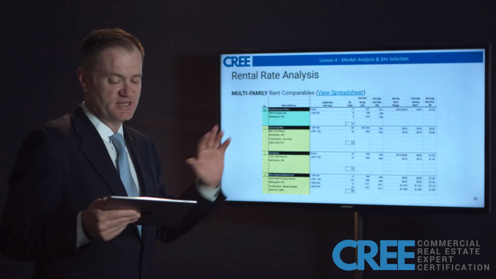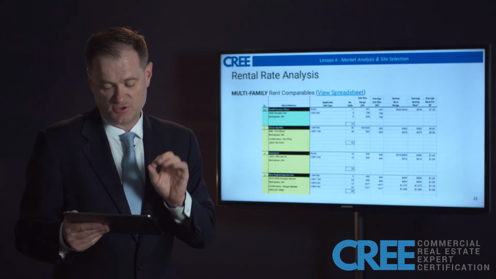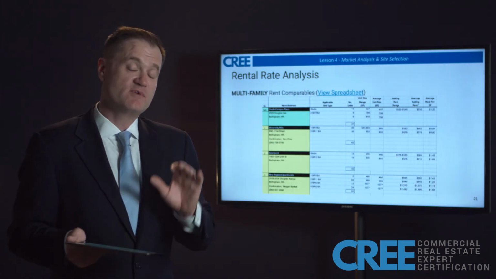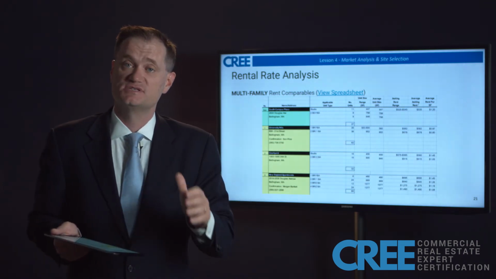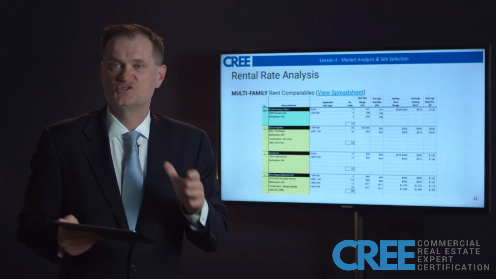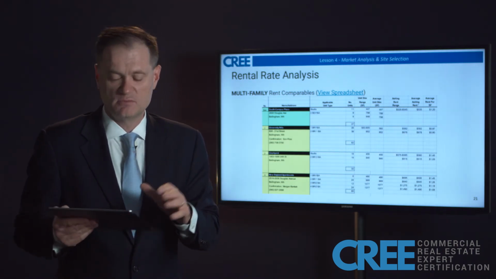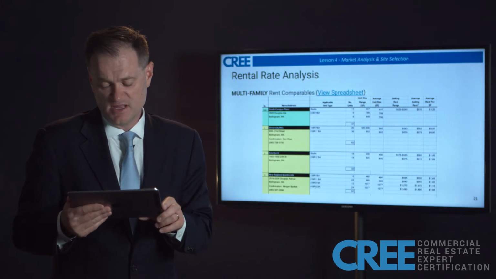This is a spreadsheet and a template that we've got for you here that does the rental rate analysis that I was referring to, and it's a rent comparable map. We've got one for each property type, so we've got one for multifamily, for office, for retail and industrial. Mainly the office and industrial and retail are fairly similar. Multifamily is the one that's pretty unique and specific to multifamily.